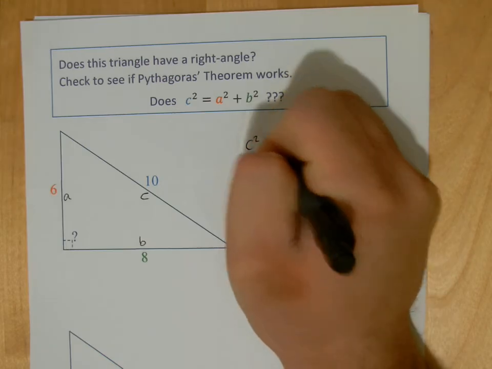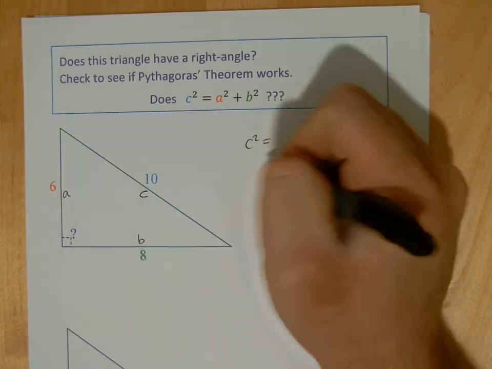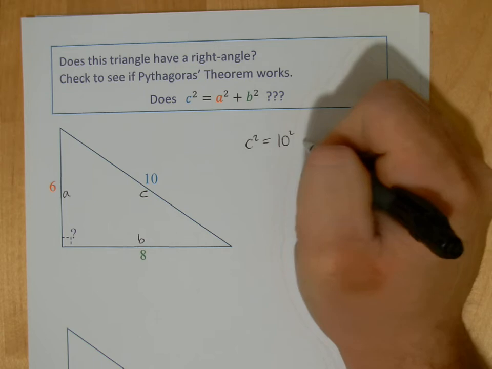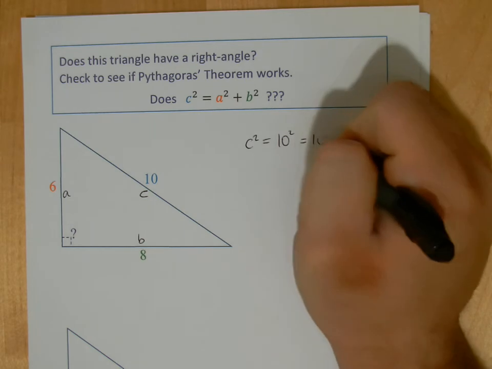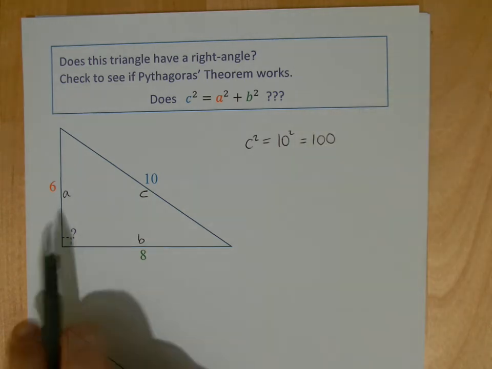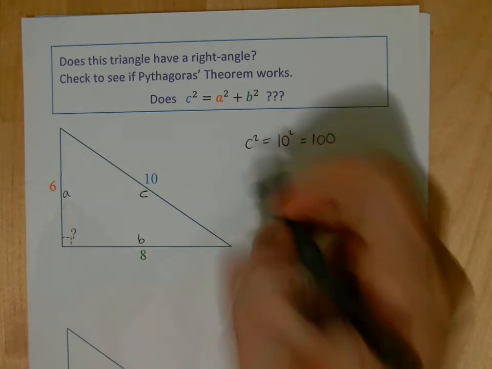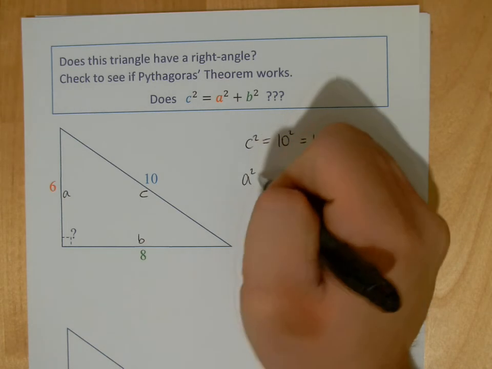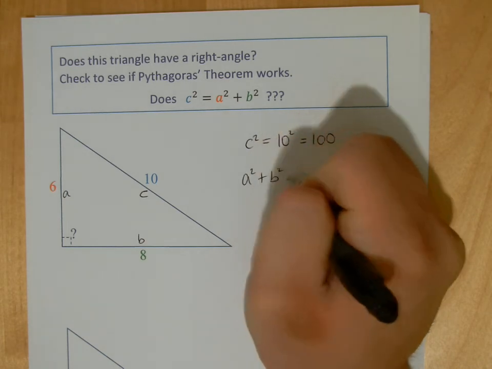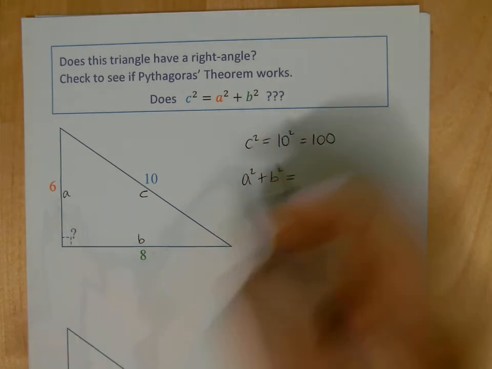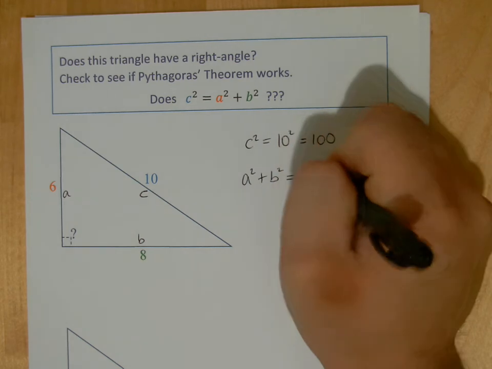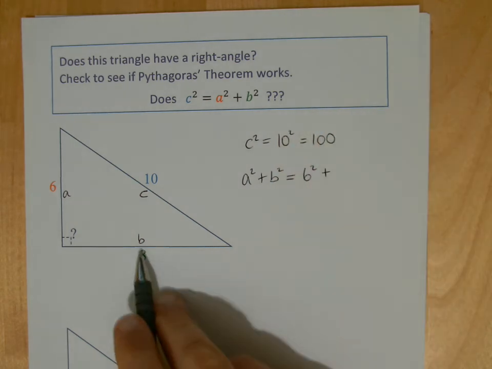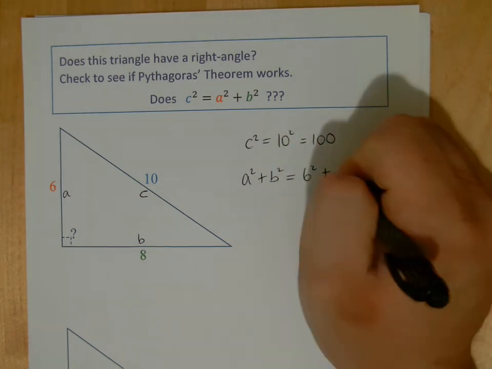So C squared is equal to, well, I've just got to square that, so 10 squared, and 10 squared is 100. And then I'm going to work out A squared plus B squared. So A squared plus B squared will equal, well, A is 6, so 6 squared, plus B squared, well, B is 8.